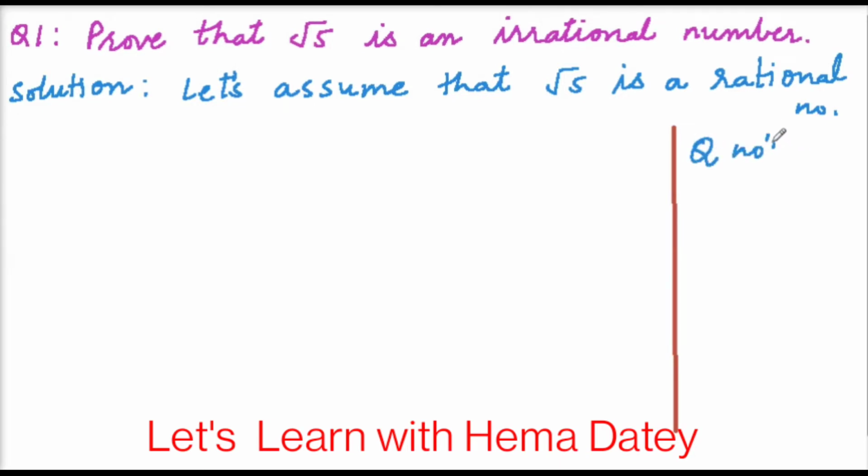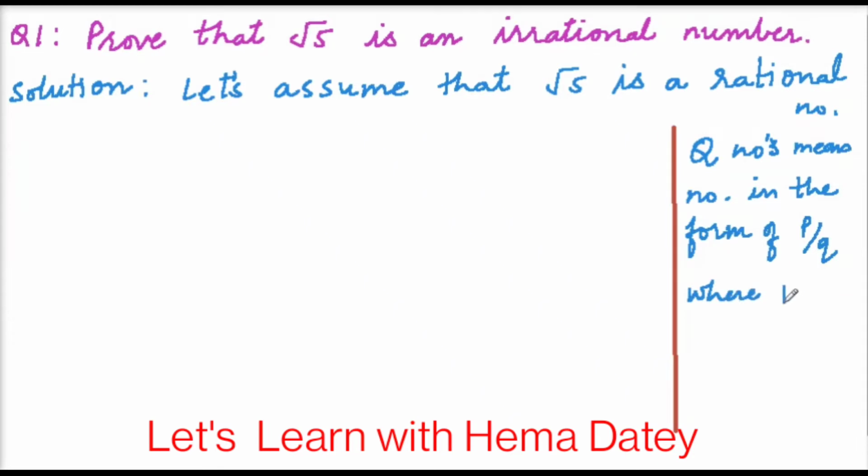Rational numbers are those numbers which can be written in the form of p by q, where p and q belong to integers and q is not equal to 0.